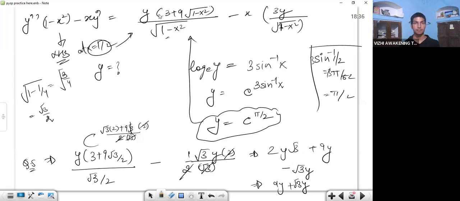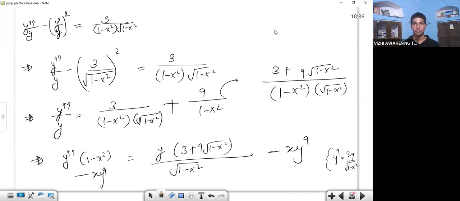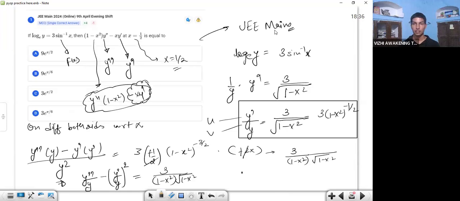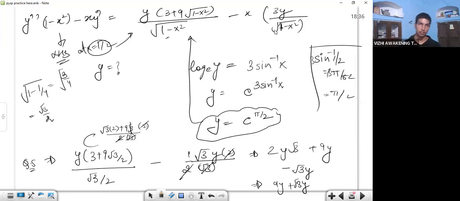Okay, y 3 plus 9 minus x. Y dash is what? Y dash is 3y into 1 minus x square. So this is correct.